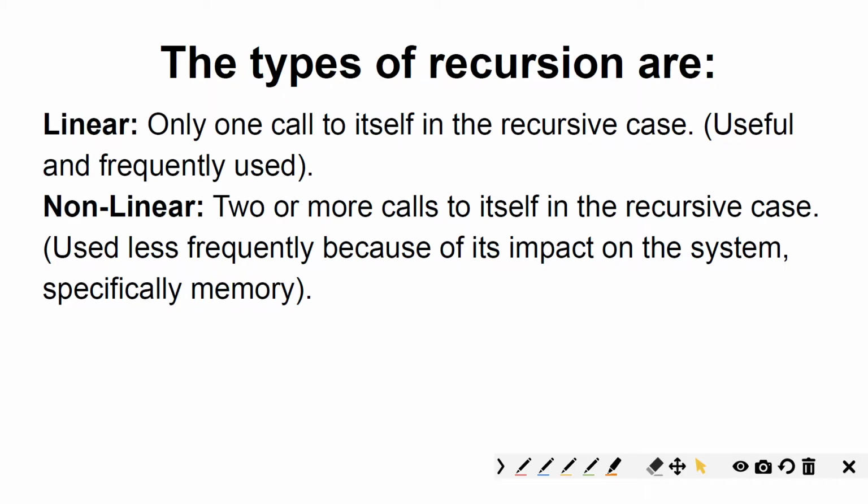Like linear type, it's one of the frequently used, because you're calling the function itself in the recursive case, like you're calling itself any number of times. It's similar to the loop, like looping itself, and for example reducing some value by 1.